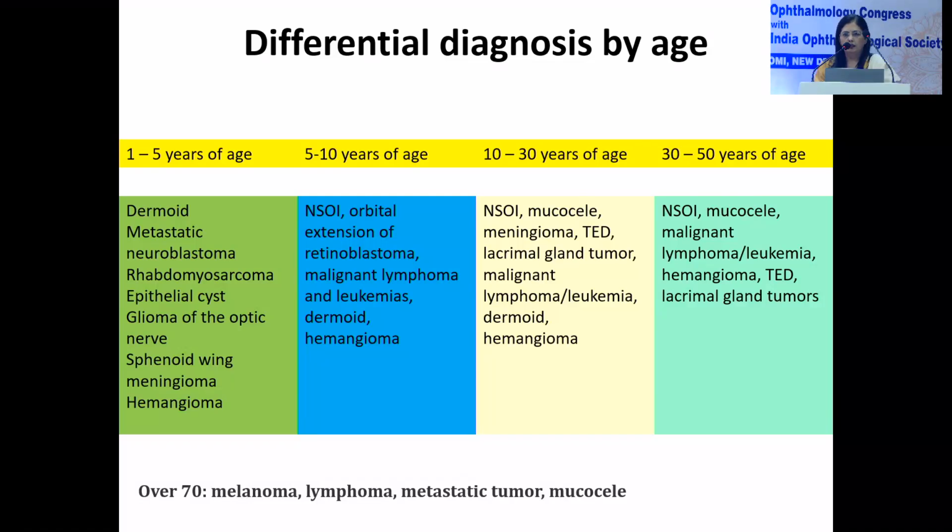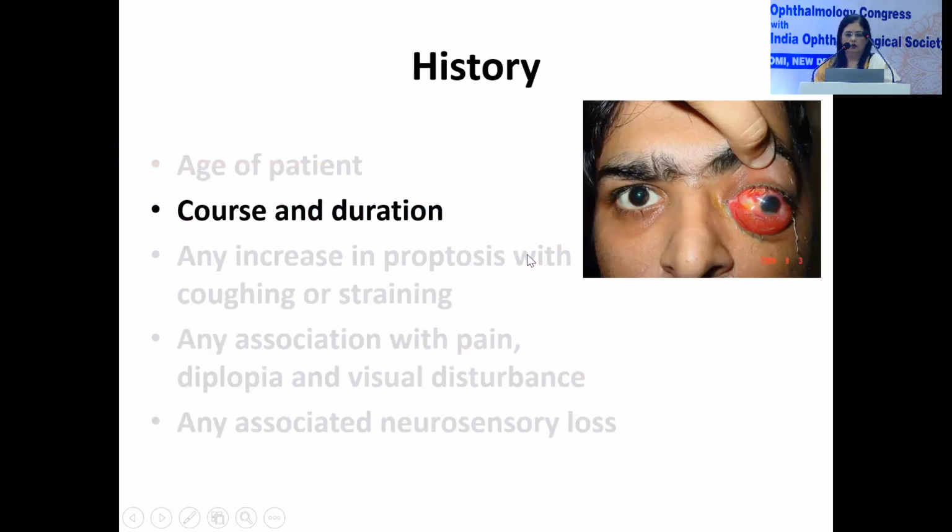So why is age important? Because there are specific diseases for specific age groups. In children, we can have benign lesions like dermoid or hemangioma, and malignancies like rhabdomyosarcoma or gliomas. In middle age, more common are thyroid eye disease, lacrimal gland mass, or NSOI, and in the elderly we can have malignancies.